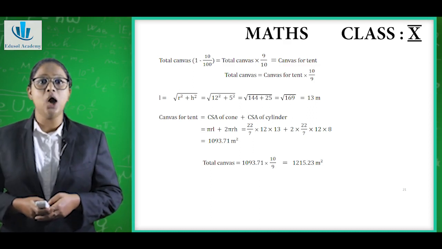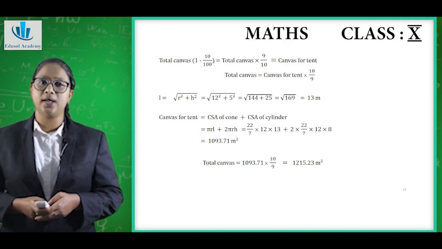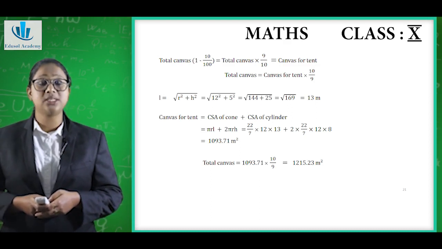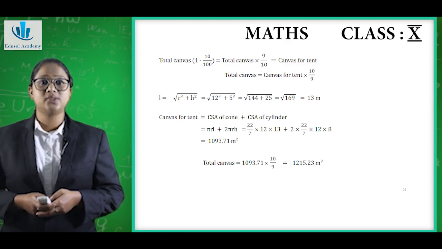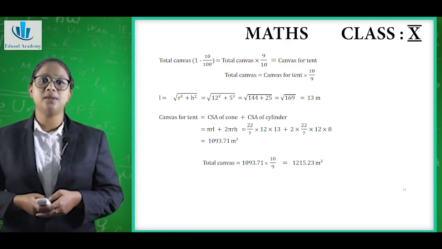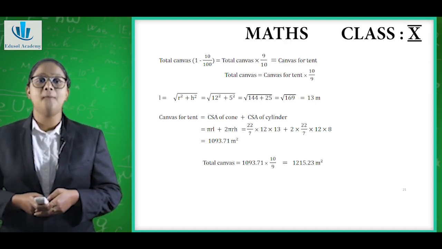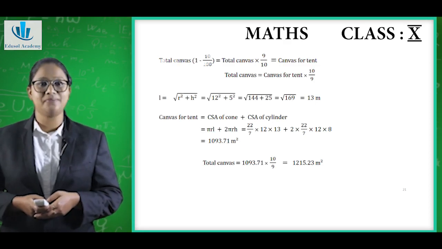The answer will be 1093.71 meter square. Now the total canvas is 10 by 9 of what we get for canvas for tent. So 1093.71 into 10 by 9, that is equal to 1215.23 meter square. I'll repeat, 1215.23 meter square is the total canvas that is required.